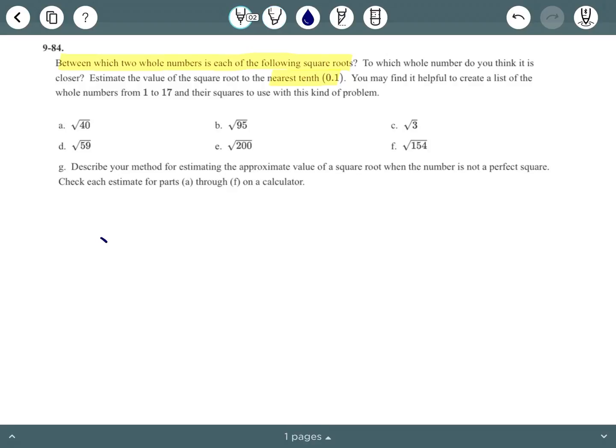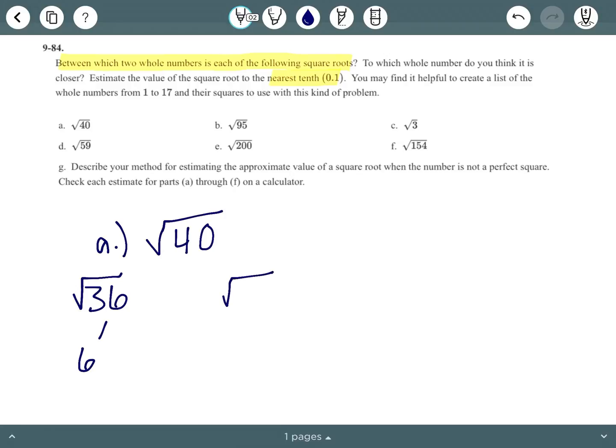So let's take a look at A. They give us the square root of 40. Well, I know 36 is a perfect square, so the square root of 36 is 6. Then I also know that the square root of 49 is 7.